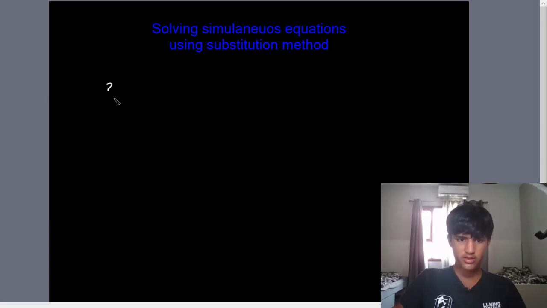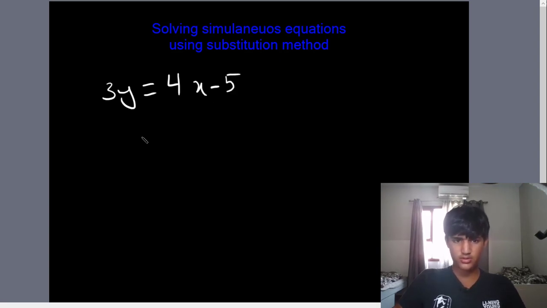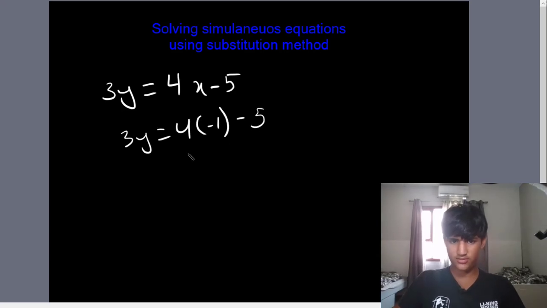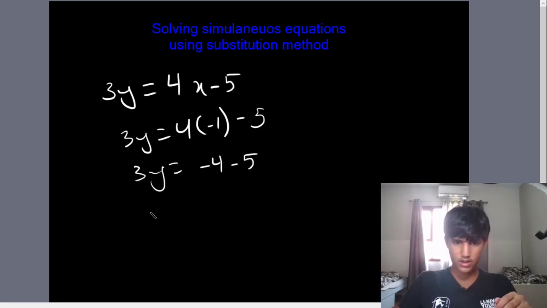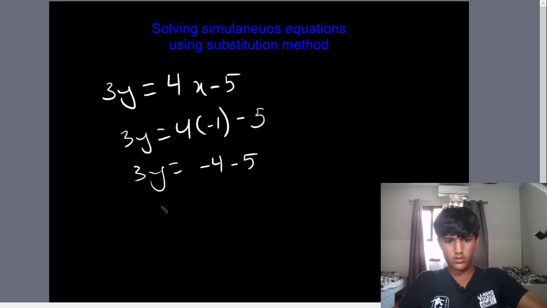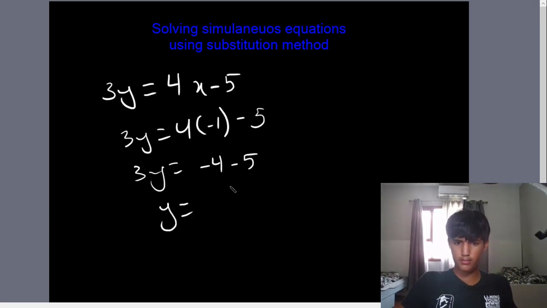So we have 3y is equal to 4x minus 5. So 3y is equal to 4 into minus 1 minus 5. 3y is equal to minus 4 minus 5. And then y is equal to minus 9 upon 3.